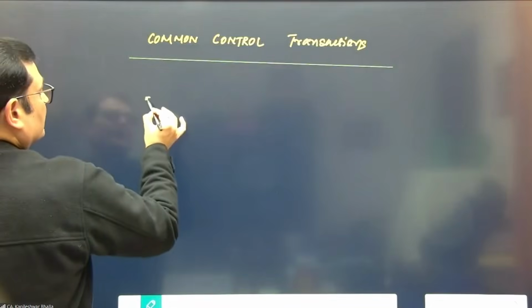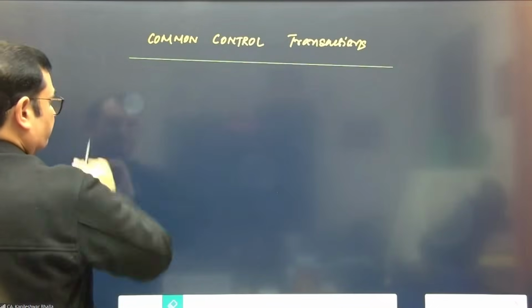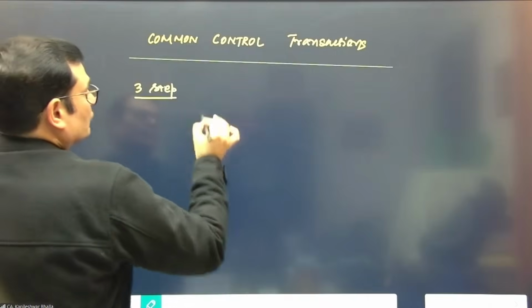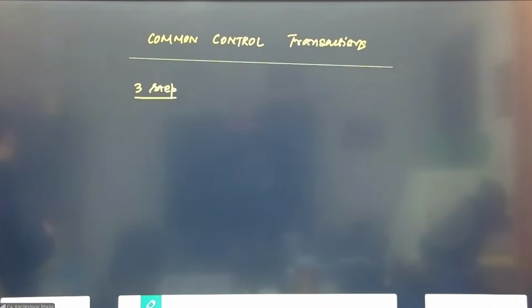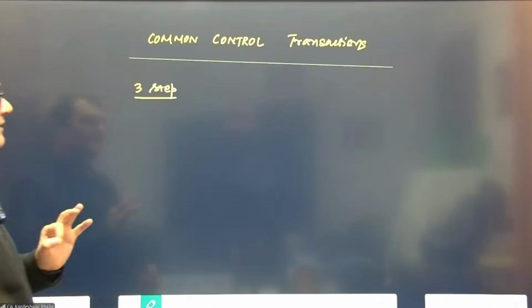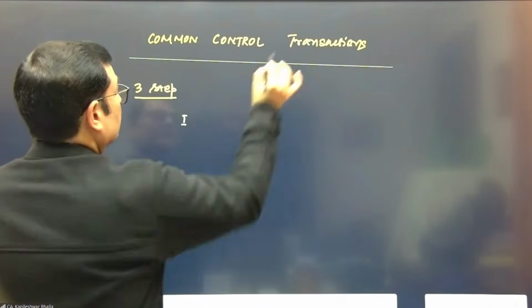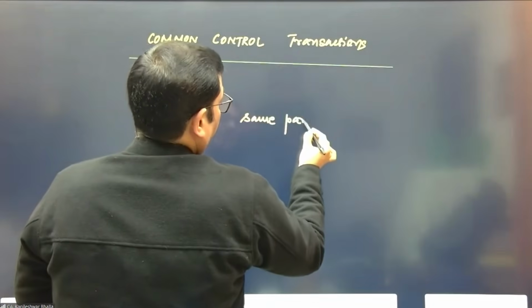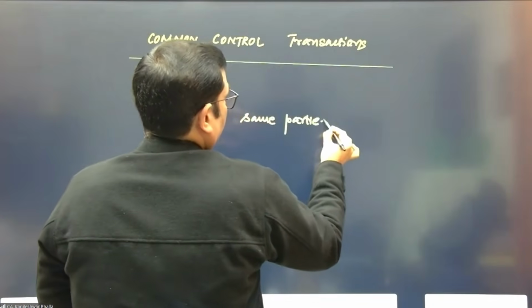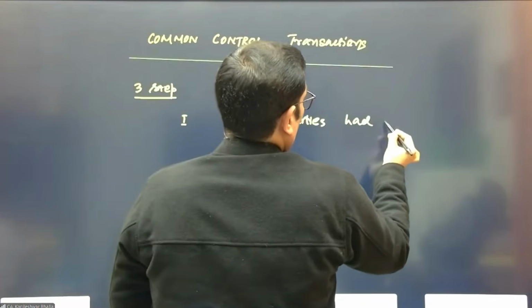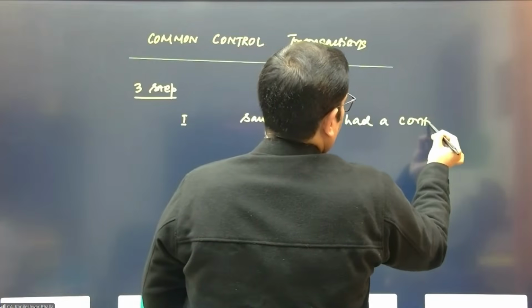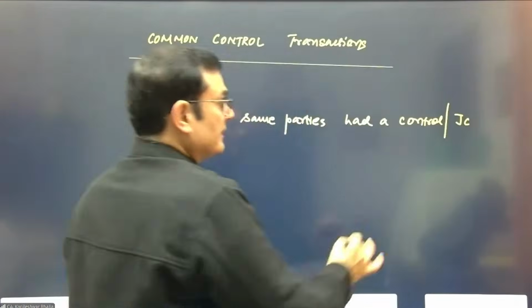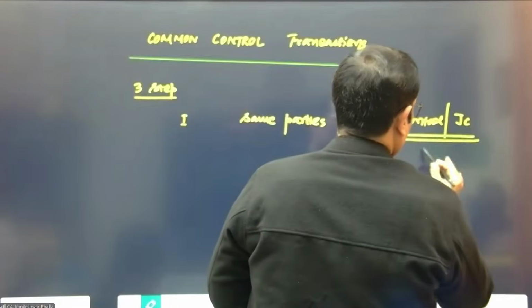So step number 1, let's put it as a 3-step model. When you identify the common control transactions, we would apply a simple 3-step model. And in this case, the first thing is we'll say that the same parties had a control, or a joint control.